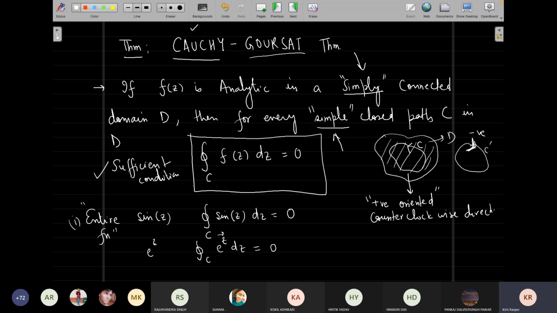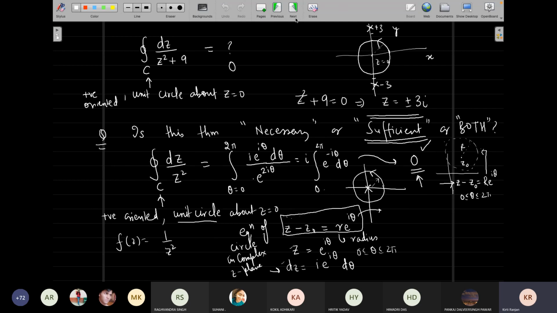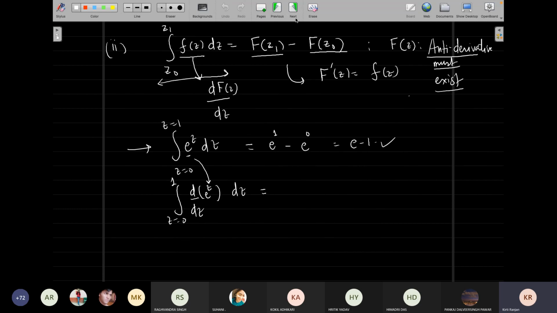So any integral between z1 and z2 of an analytic function f(z) dz, where z1 and z2 are two points lying within the analytic region, can be written simply as the antiderivative at z2 minus the antiderivative at z1, and this antiderivative must exist. So the Cauchy-Goursat theorem becomes one of the very important theorems for integrals of complex valued functions.